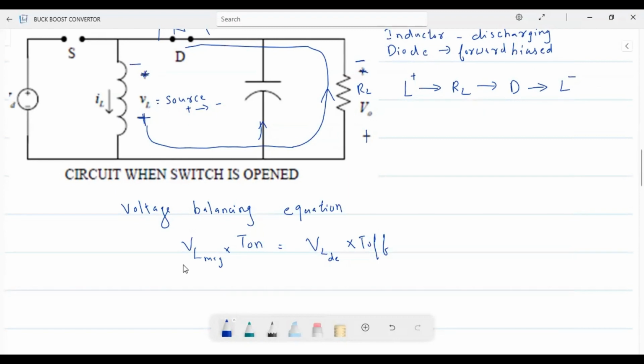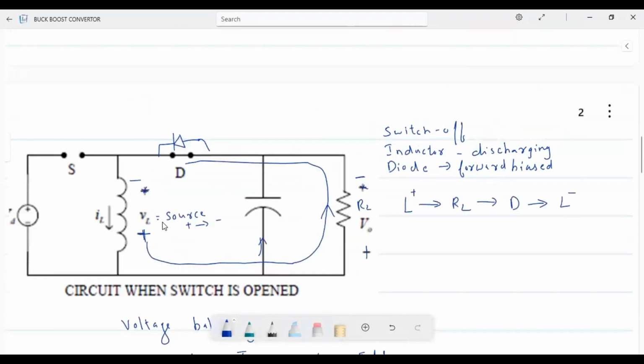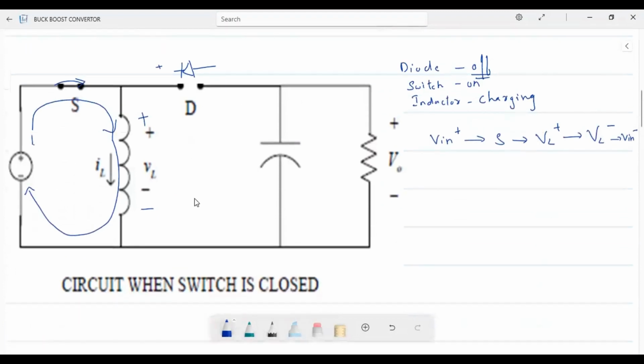So what is the voltage across the inductor during magnetizing time? Magnetizing means switch is closed, inductor is charging. So voltage across inductor during magnetizing time will be equal to, this is a closed circuit, the input voltage as such will be coming across this portion.